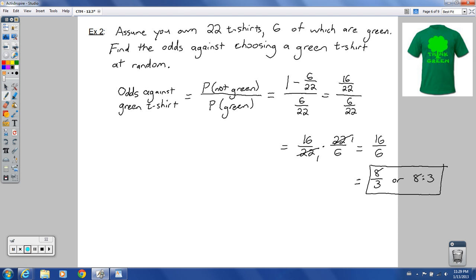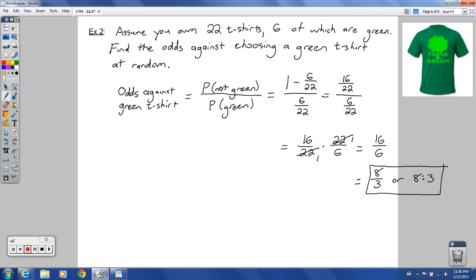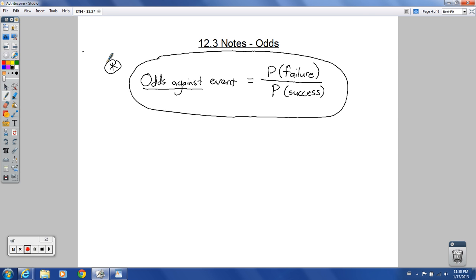Alright, so let's move on though and talk about now odds in favor of an event instead of odds against. So odds in favor of an event happening. All we do is flip the fraction around. So here we had odds against was the probability of failure over the probability of success. We're going to flip-flop that.